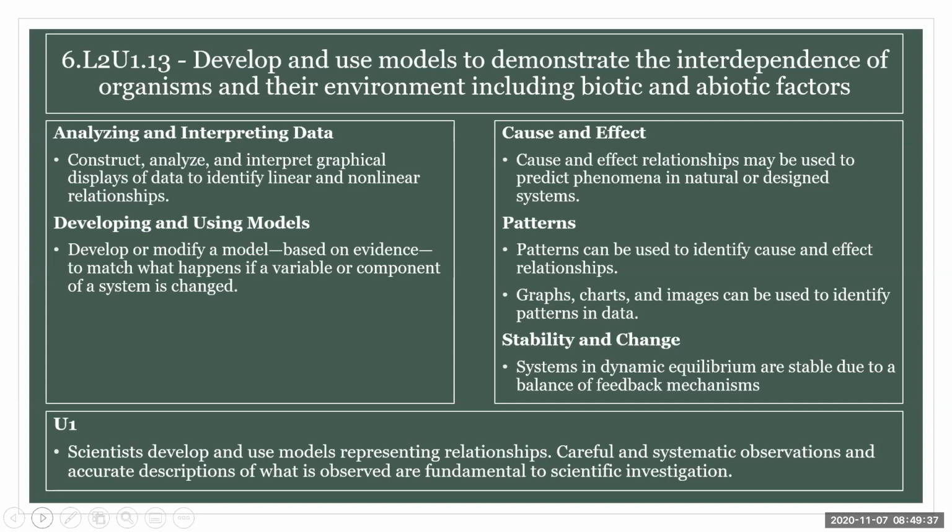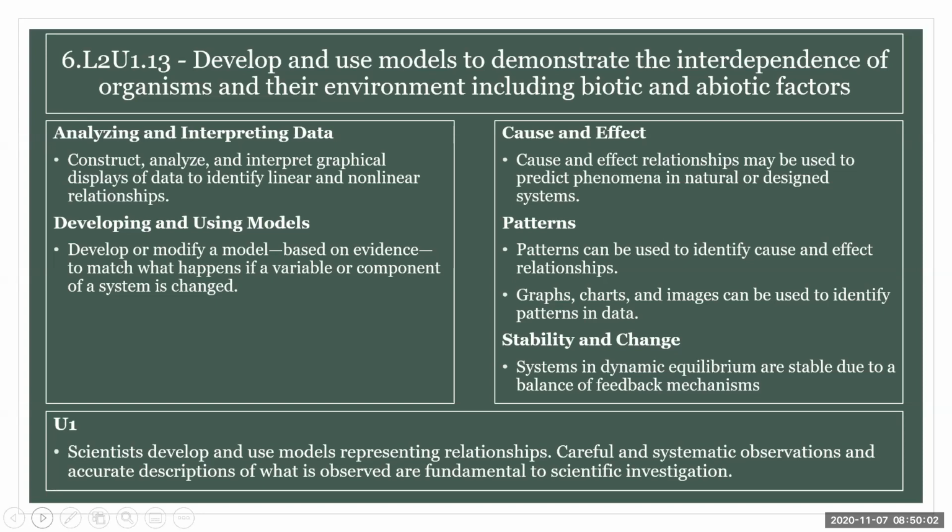For our cross-cutting concepts, we are adding cause and effect, patterns, and stability and change. You'll notice we're making a shift from Unit 1. Here we're looking at how relationships affect each other, what patterns we see, and how this creates stability or change within the whole system of the ecosystem.